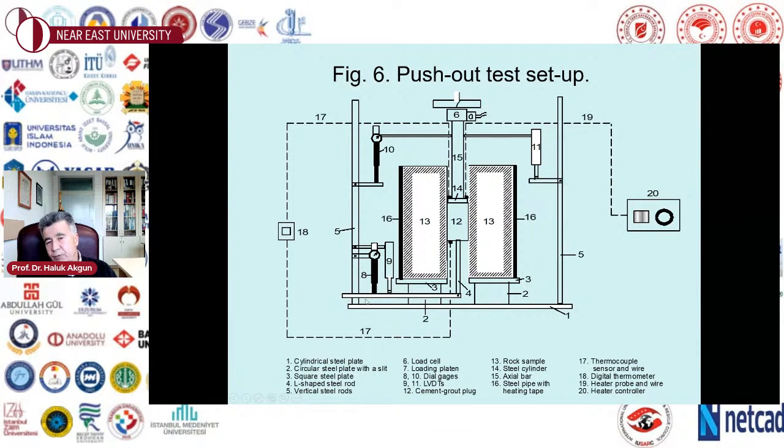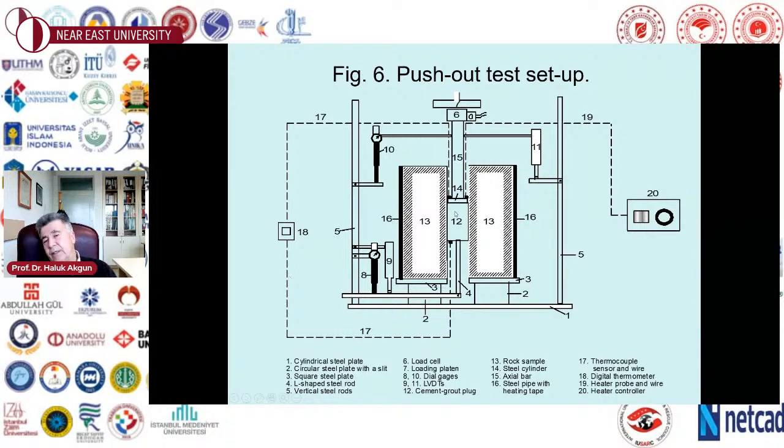We put an L-shaped rod at the bottom of this plug, and we had an LVDT and a dial gauge resting on it so that we could measure the bottom displacement as well. In this arrangement, we also put a steel cylinder and a heating tape around it. So we had the heater controller also, so we could apply high temperatures to this sample that was cured in an environmental chamber.